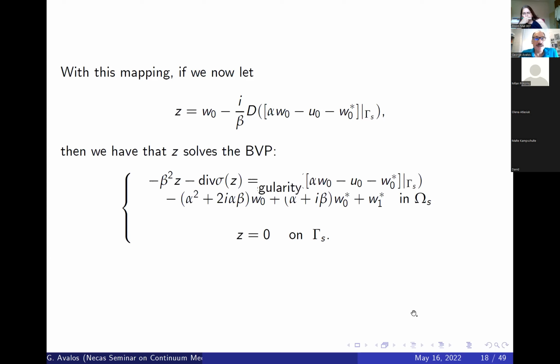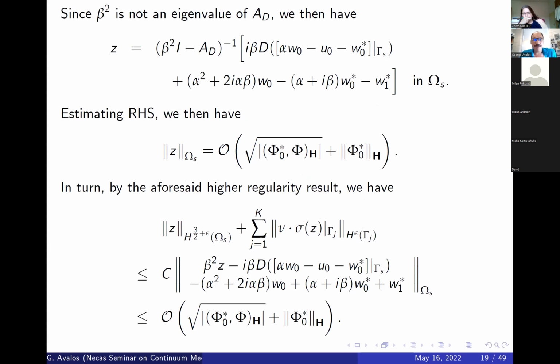And so, Z being 0 on the boundary, we can ultimately make use of the aforesaid result of Griswold. But before that, using the fact that we're specifying that beta is in that set S, then beta squared is in the resolvent set, so we can apply the resolvent straight away and obtain this estimate in a lower norm.